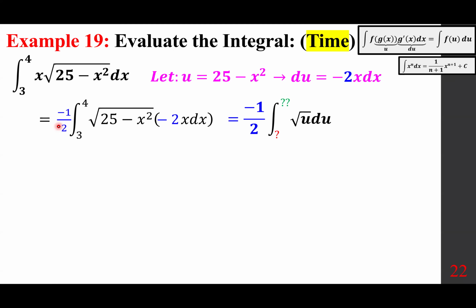So we have negative 1/2. The integral of square root of u du, and we're not going to write the limits yet. And this is u to the power of 1/2. And this can be integrated into 1 over 1/2 plus 1, u to the power of 1/2 plus 1.